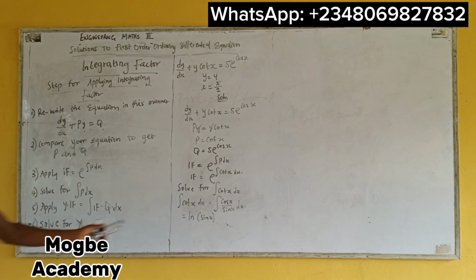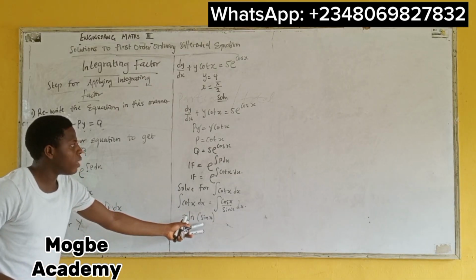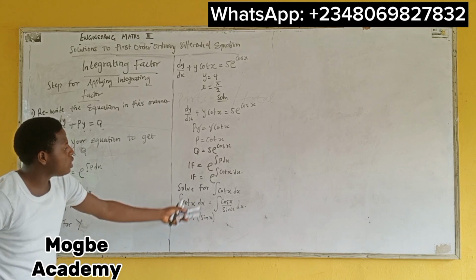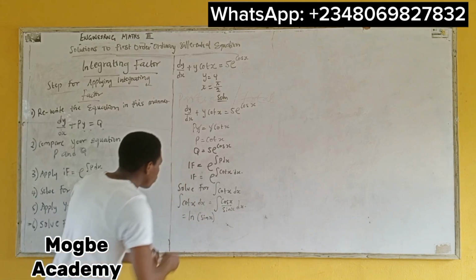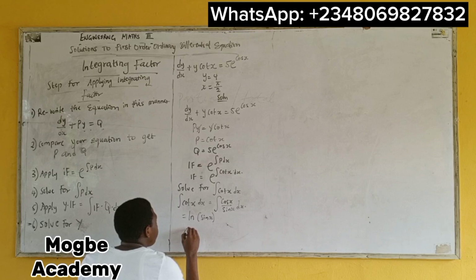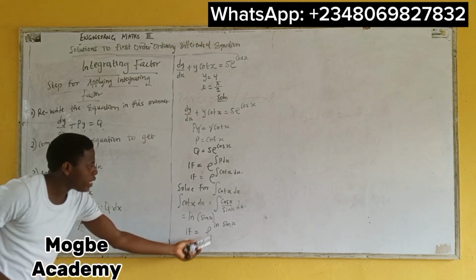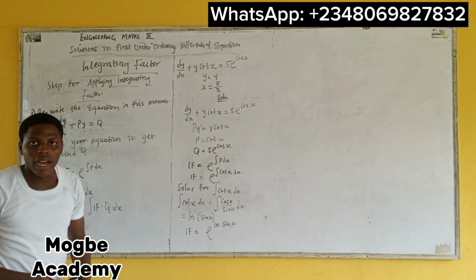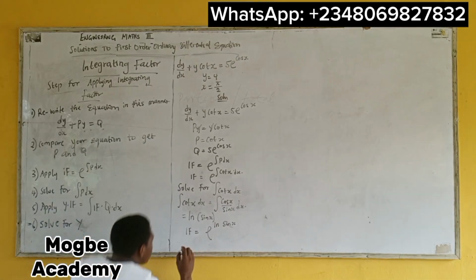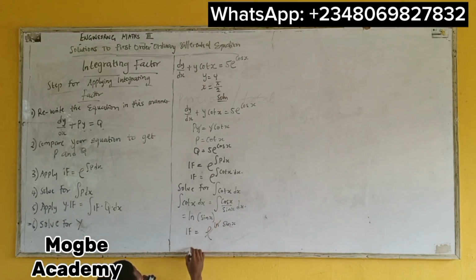So taking this back to the equation, your IF is equal to e to the ln sine x. The ln cancels the exponential, so the IF is equal to sine x.